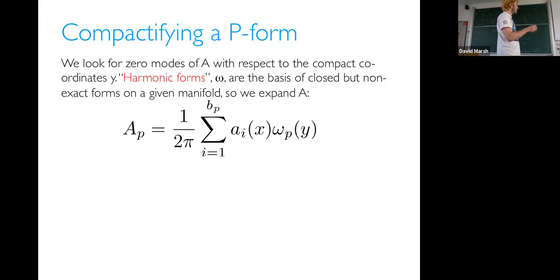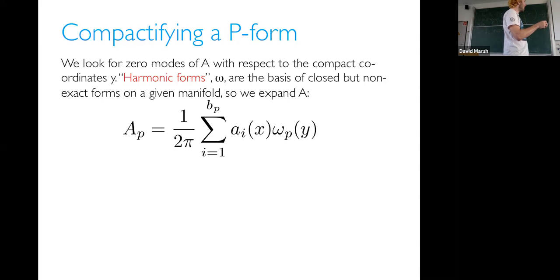We've separated variables because of the symmetry of our manifold, and the coefficients can have any dependence on x, where the coordinates x are coordinates in the large dimensions and y are the coordinates in the compact dimensions. I can have my coefficients take any value.